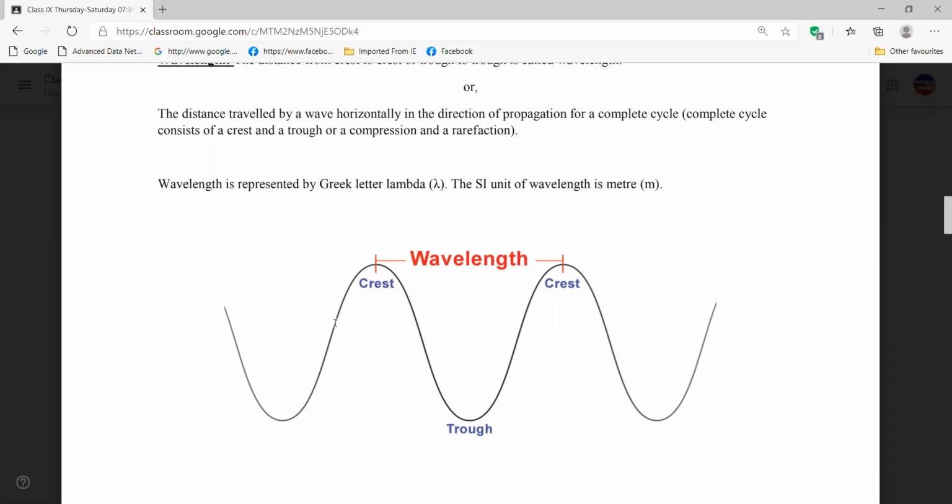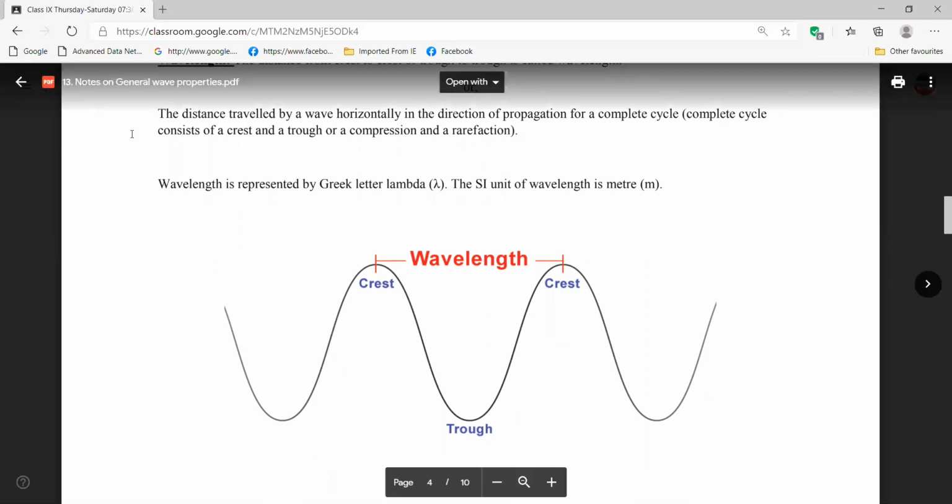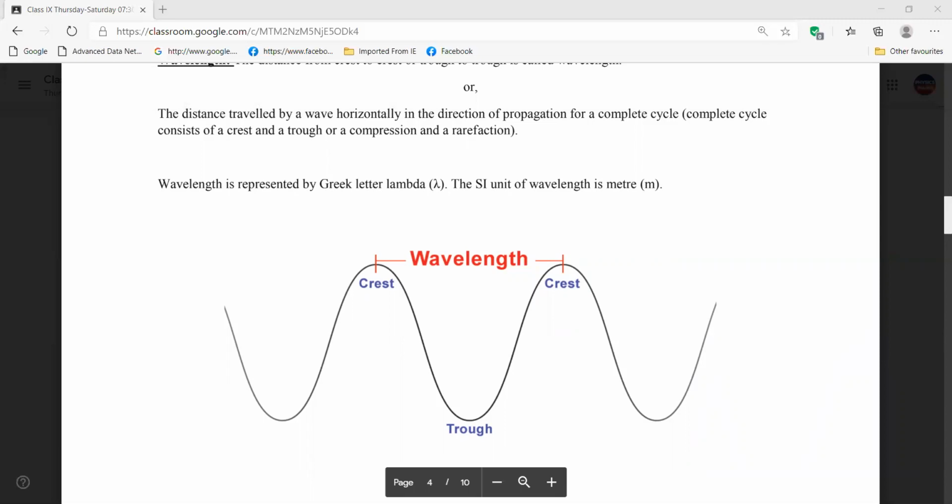The compression or rarefaction, I'm showing you. Just give me a minute, no problem. Here, in water, the wave is going like this, right?